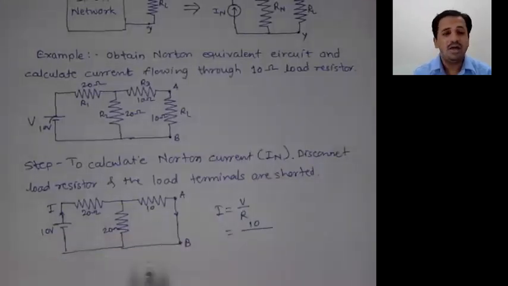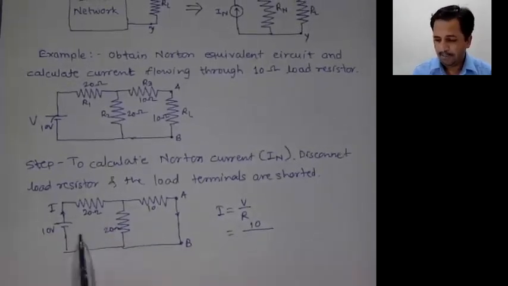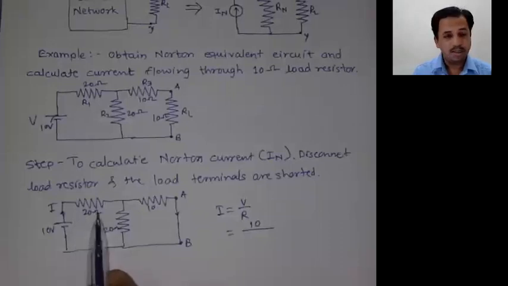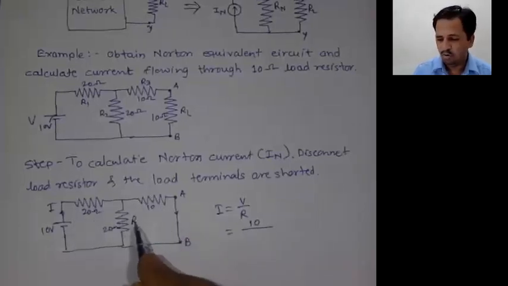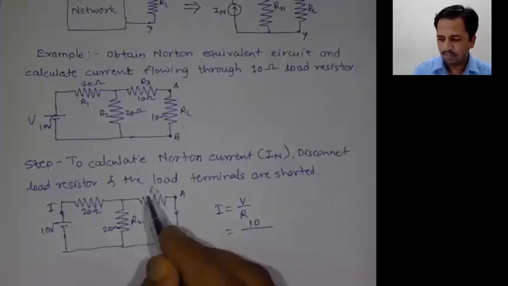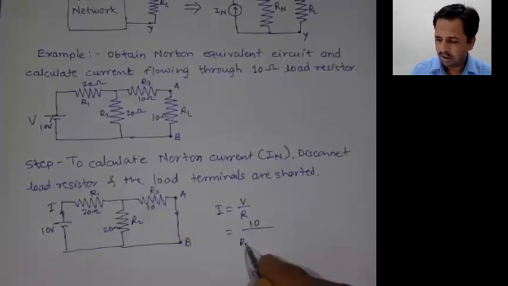Means from this side we have to find that resistance value. Now here, R1 must be in series with the parallel combination of R2 and R3. Here it is that R1 value. R1 must be in series with R2 parallel R3.